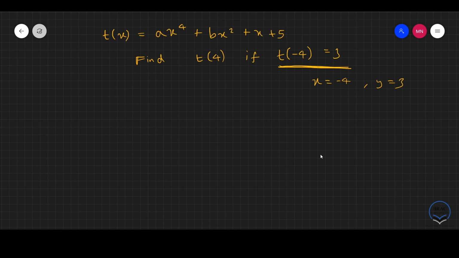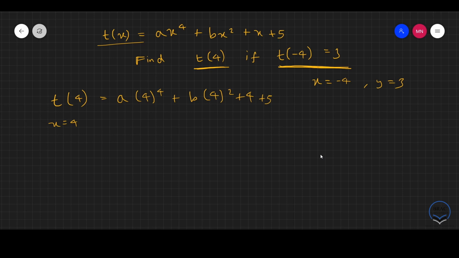In order to find this, let's find the expression that our function gives us when x is equal to 4. So we have a times 4 to the power of 4 plus b times 4 squared plus 4 plus 5.